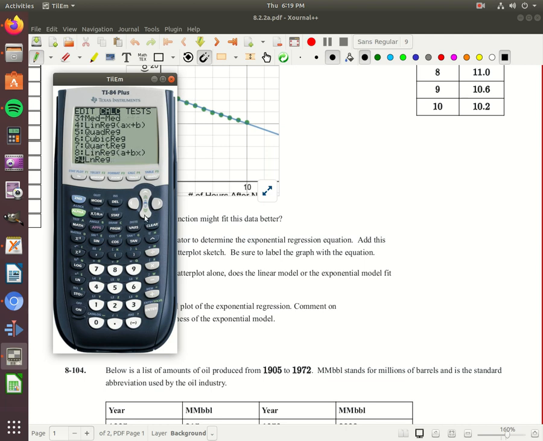But if I go down to 0, I get exponential regression. So I'm going to use L1 and L2 again, and I'll calculate it. I'm not going to worry too much about the graph because you're going to see it in Desmos anyways. And I get this equation, 15.37 with a multiplier of 0.95. So we get that decrease. You can see it's going downhill. And that is what we're going to use.